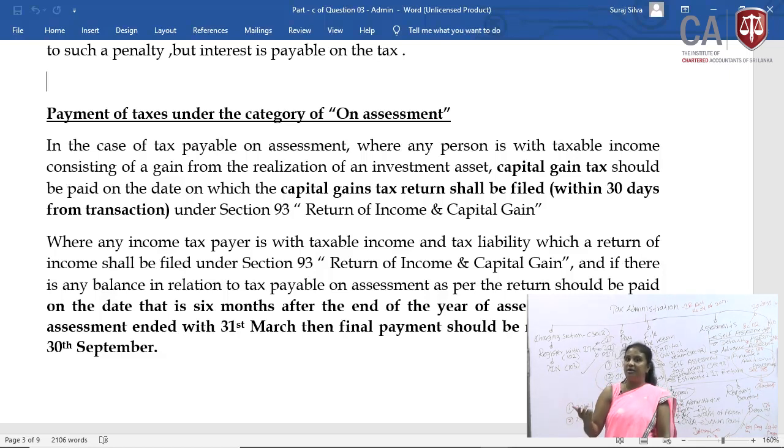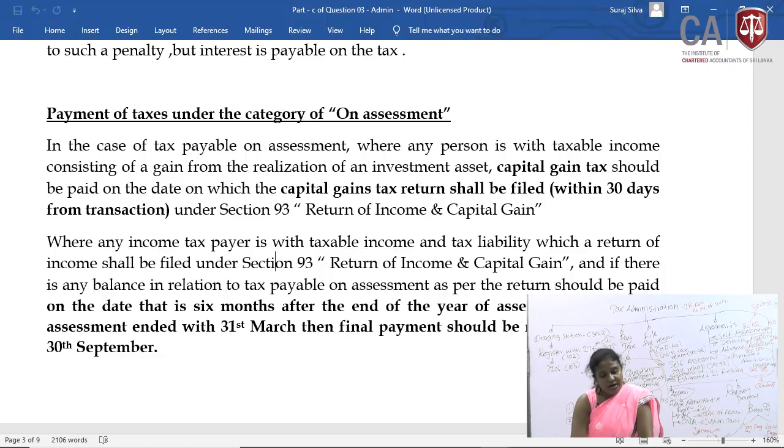What is the date of the capital gain tax return filing? Within 30 days from the transaction, any person who has earned a gain of more than 50,000 per month, per transaction, has to file the return under section 93, return of income and capital gain. That's one type of tax on assessment.